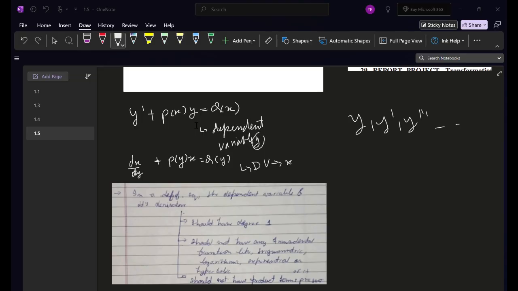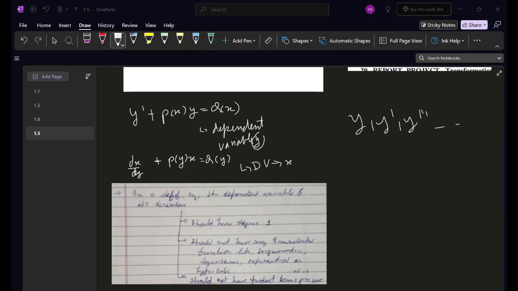So in this one, this term is fine, this term is fine, and this is also fine, because here the trigonometric term is in terms of x. So this is linear. But over here, as you can see, the y' term has a degree of 3, which should not be there. So this is non-linear.